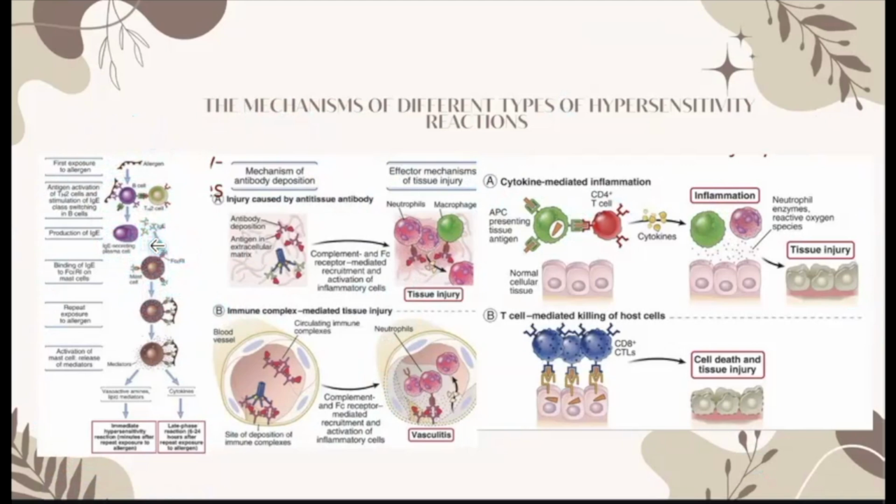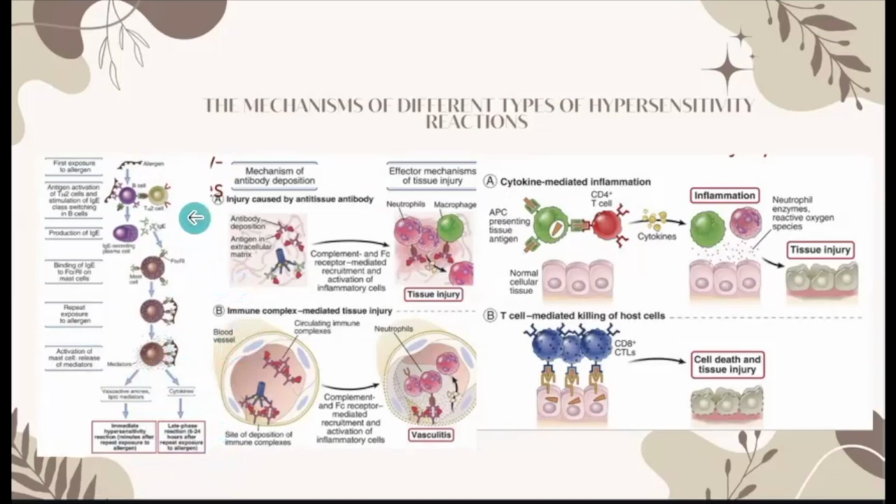This type begins with the binding of IgE to specific Fc receptors on mast cells, leading to the release of mediators such as histamines. A late phase reaction develops 2 to 24 hours later.